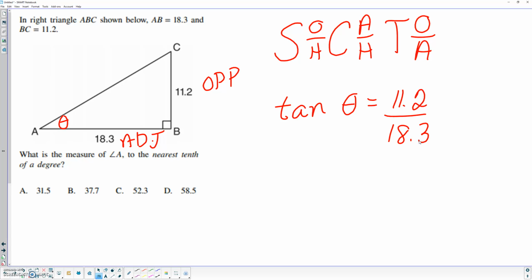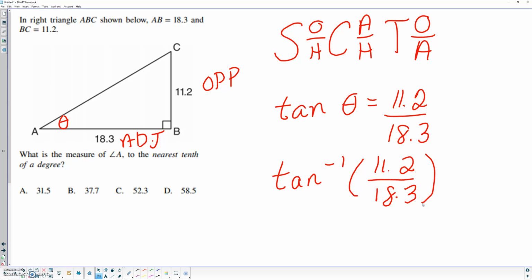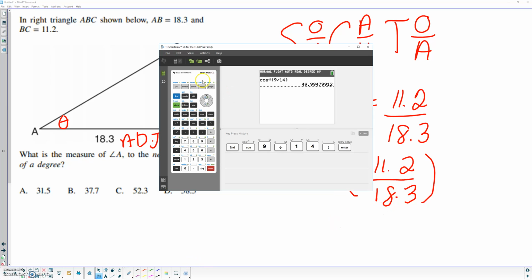All right, and again, we're solving for an angle, so we're not cross-multiplying. Instead, we're going to use an inverse operation. So we want to do inverse tan of 11.2 divided by 18.3. So I'm going to go back into my calculator.